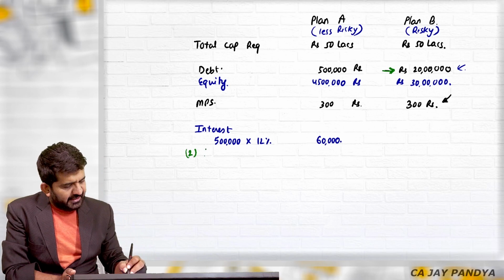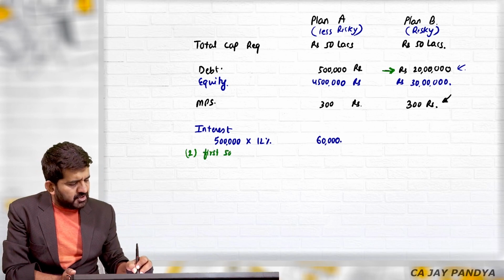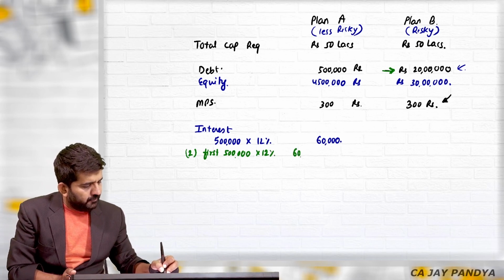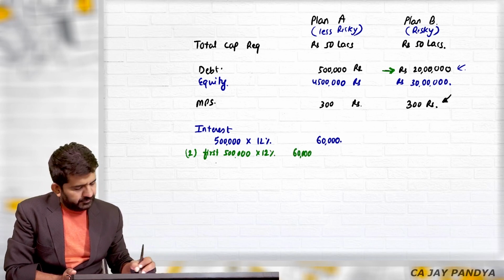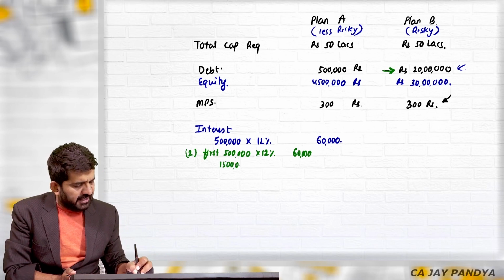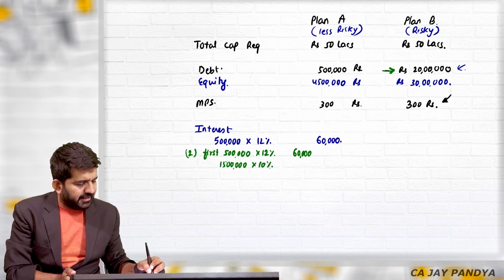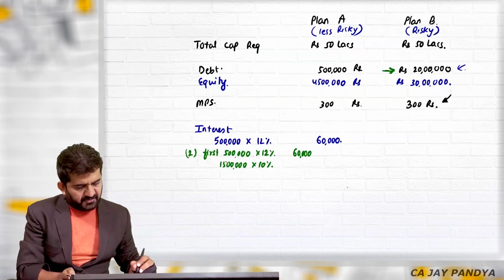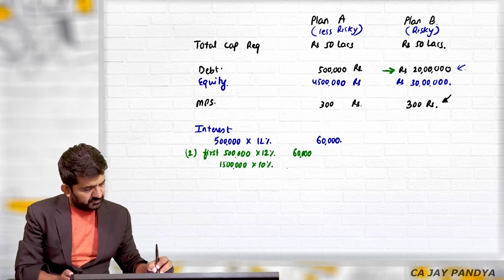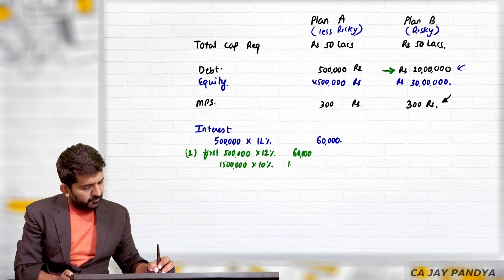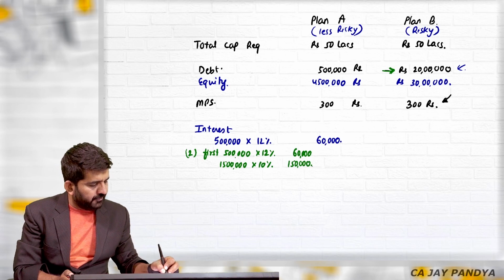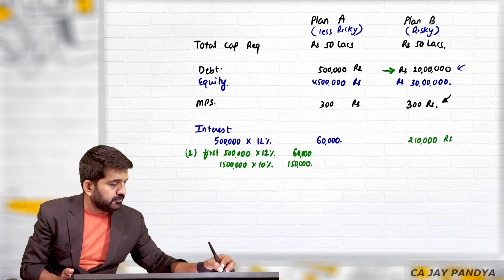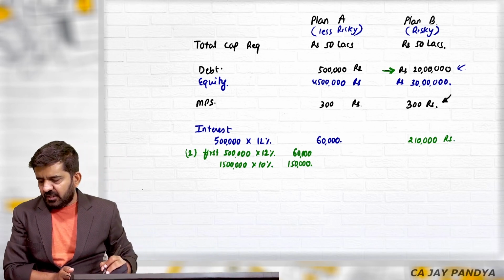So in the second case, the first 5 lakhs will be at 12%, which is 60,000, and the remaining 15 lakhs will be at the rate of 10%, written as 10% over rupees 5 lakhs, which will be 1 lakh 50,000. So total interest will be 2 lakh 10,000 rupees in case number 2.